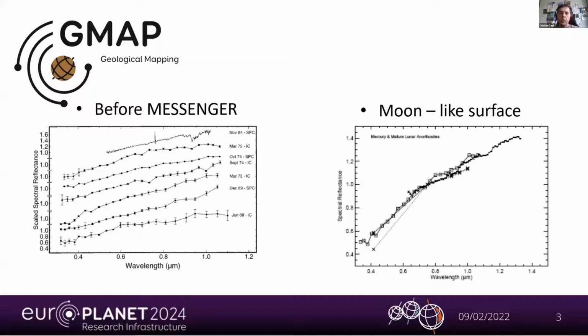For this reason, before MESSENGER, we were strongly considering Mercury similar to the Moon, even from a compositional point of view. In particular, we were considering Mercury as a primary crust surface. We have already seen from Valentina's talk that this is not what we know now, but just to let you know that until more or less 12 or 13 years ago, this was the situation for the composition. No more data we had, and we were really considering that the Mercury surface was a primary crust surface.